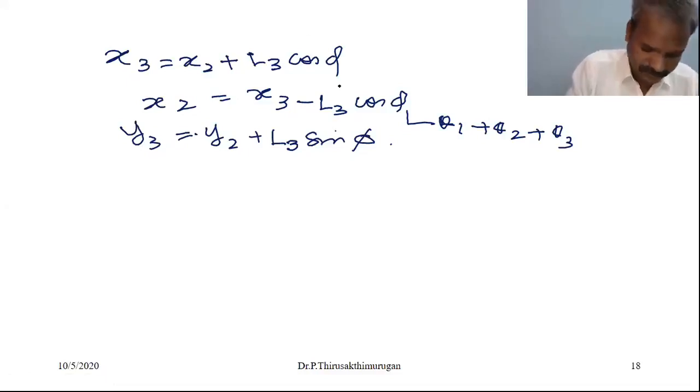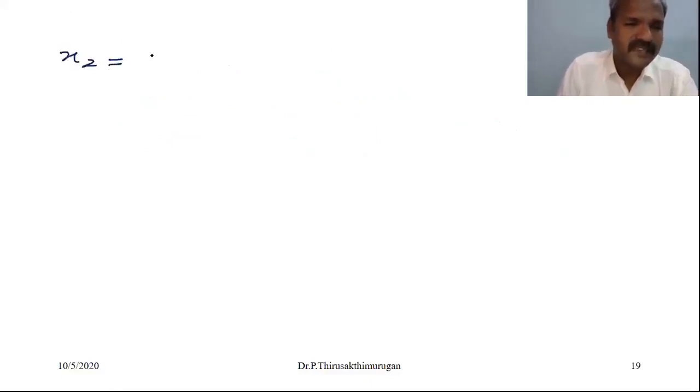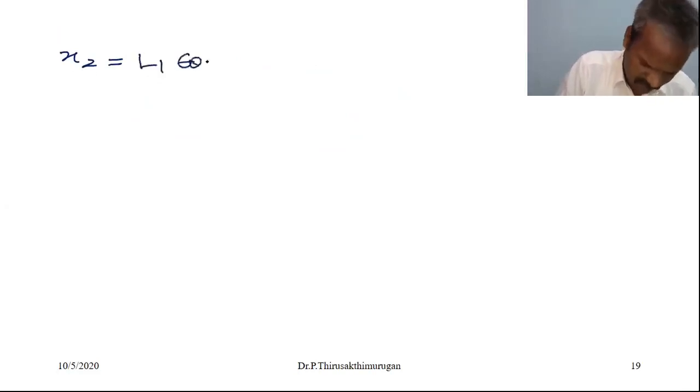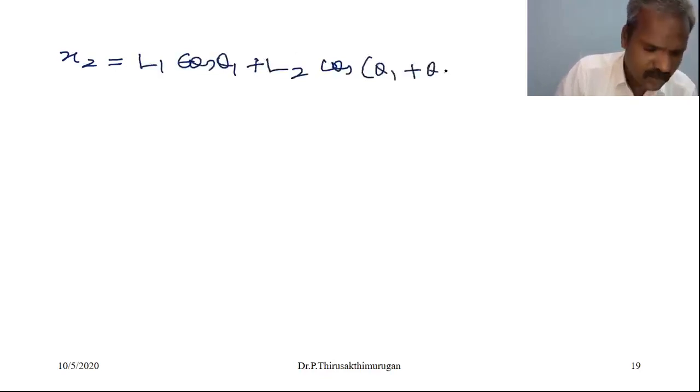So two-dimensional axis. So what you are getting? x2 equal to x3 minus L3 cos phi. Okay. So what is x2? L1 cos theta 1 plus L2 cos theta 1 plus theta 2. This is the solution for x2.